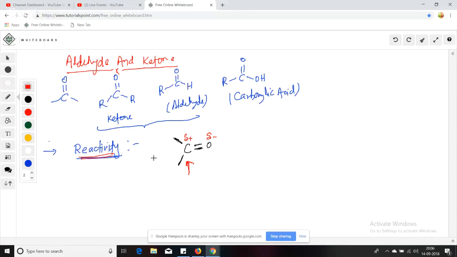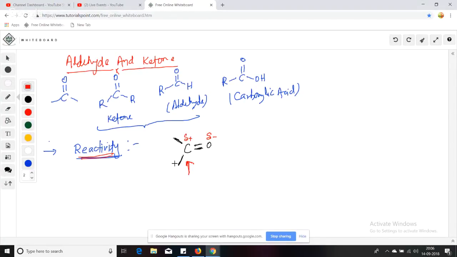Since the reaction takes place because of the positive charge on the carbon atom, if the positive charge density of this carbon is more, the attack of the nucleophile is easier.